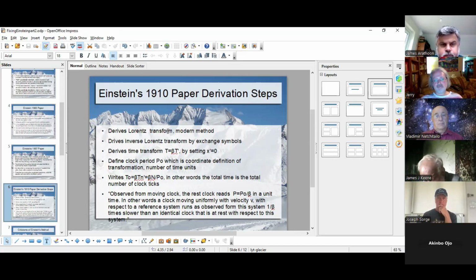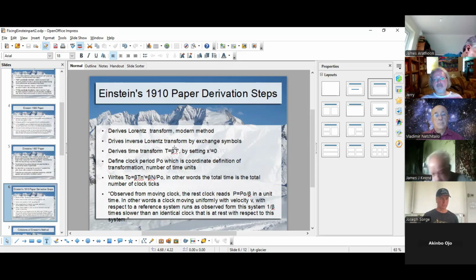So in other words, it's kind of similar to what you see in modern textbooks where they give you this algebraic derivation of the Lorentz transform. That's the first time it shows up in this 1910 paper, and Einstein does it. Okay, so if you wonder where that comes from, it came from Einstein. So he derives the Lorentz transform by this algebraic method, different from the previous method in 1905 and 1907.